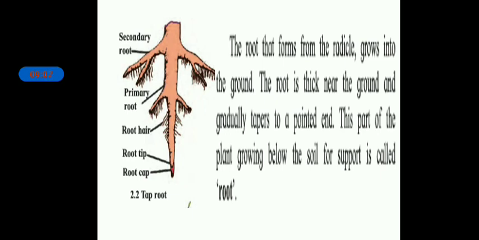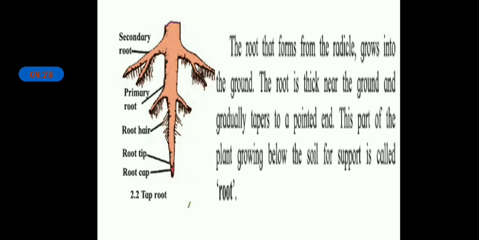They also contain root hair. Below the secondary root, you can observe very small lines, hair-like structures. They are the root hair. They again go inside the soil to provide more support to the tree.